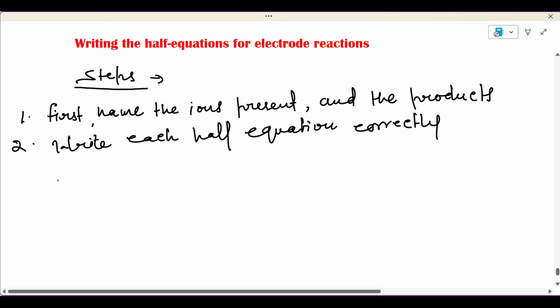How to write a half equation? First, give the ions their correct charge. Always remember the valency of the element, the correct charge.